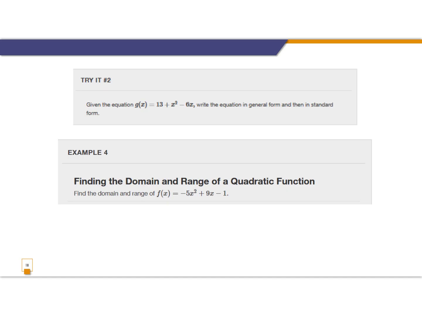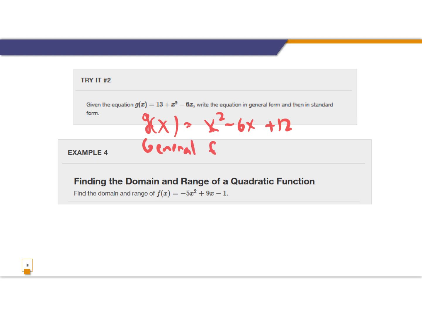G of x, I believe that's what they're using. The only thing is they don't have it in the right order. You need to put the x squared first. There's a 1 in front of it. X squared, then the minus 6x goes next, and then a positive 12 goes here. There is your general form, okay?